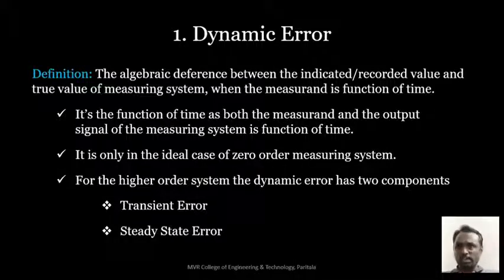It might have some difference, and that difference can be called steady state error. So after giving some input, it goes to a higher value, which is transient error. After reaching the steady state value, it might not show the true value; the difference is the steady state error.